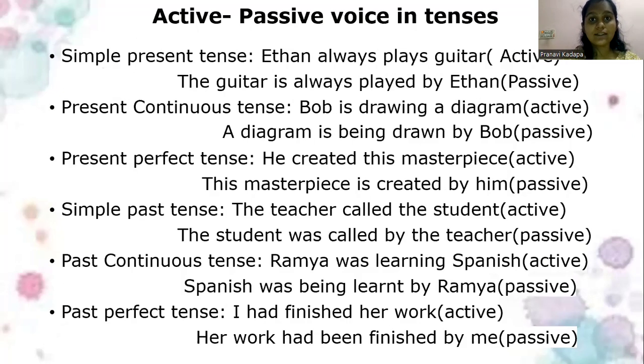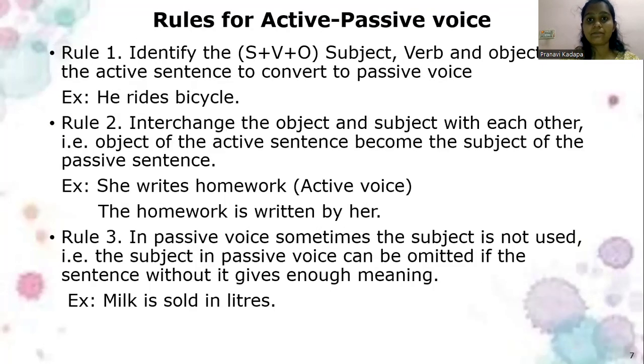So let us see the rules for the active to passive voice conversion. Rule one: identify subject plus verb plus object in the active sentence to convert it to passive voice. Before converting any sentence, we have to check whether it has subject, verb, object.